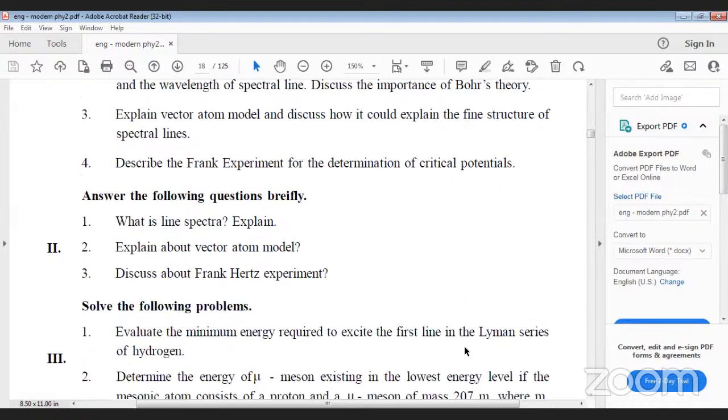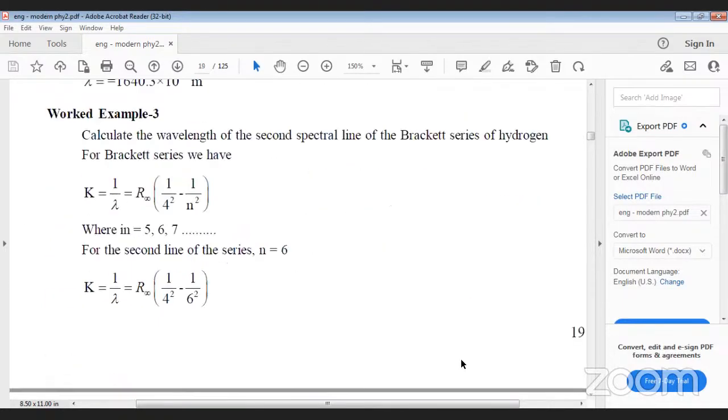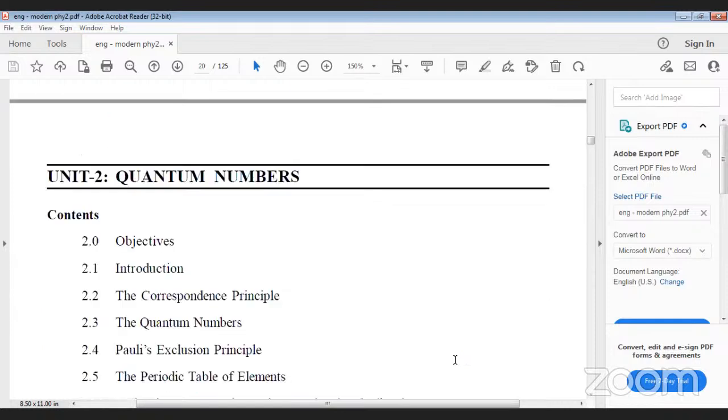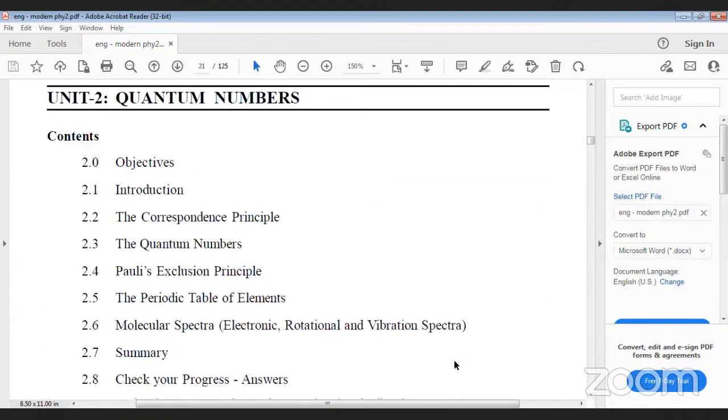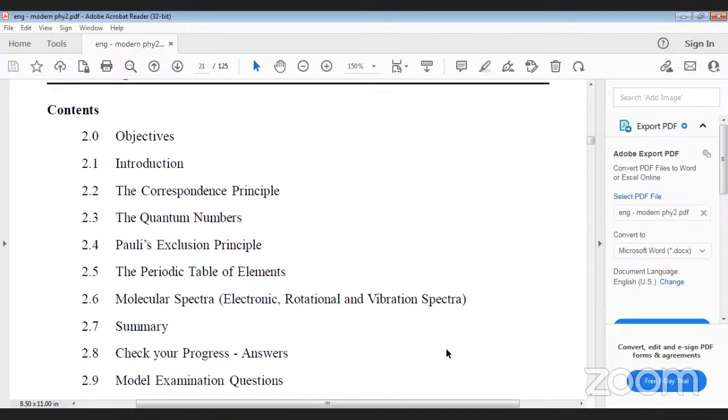Next, we'll jump into the second one, quantum numbers. In this, you need to discuss the correspondence principle, what the quantum numbers are, Pauli's exclusion principle, the periodic table of elements, and also molecular spectra.